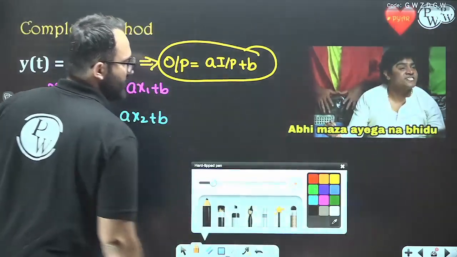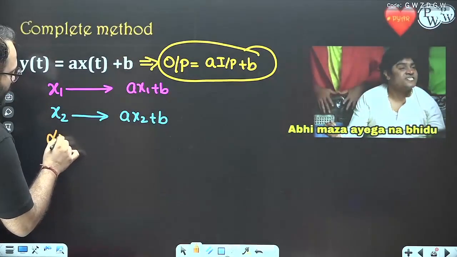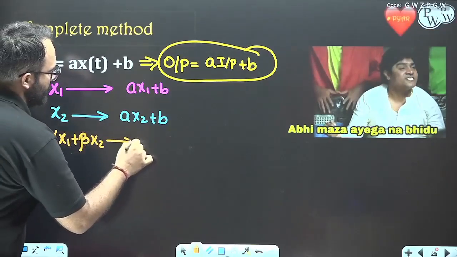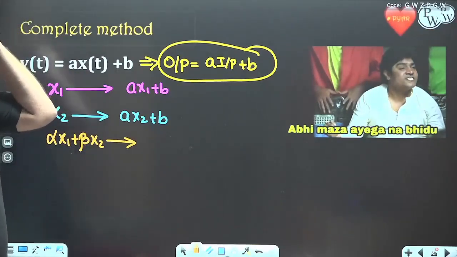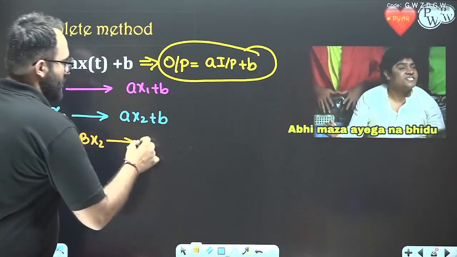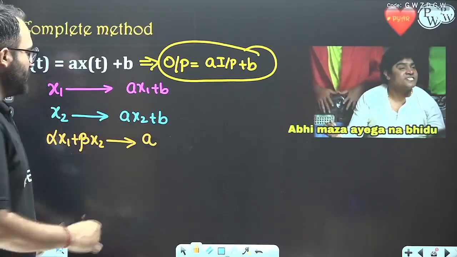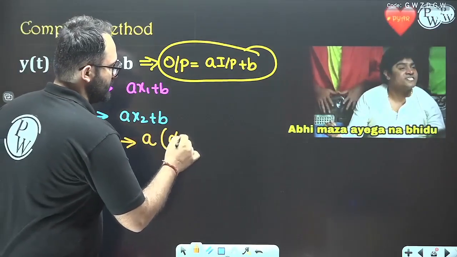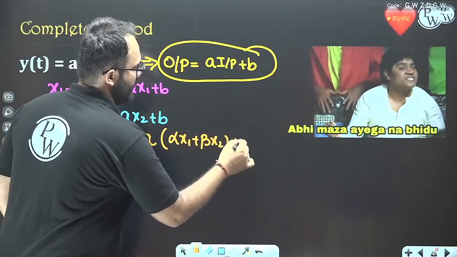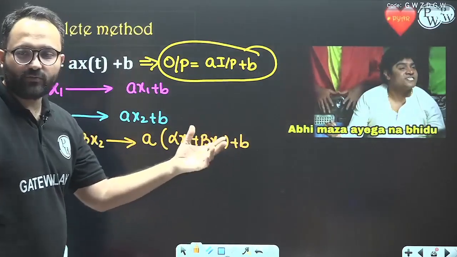Now, checking the superposition theorem, we give the input alpha times x1 plus beta times x2. So this is the input that we give. We will get the output that is a times the input plus b. This is the output that we will get.